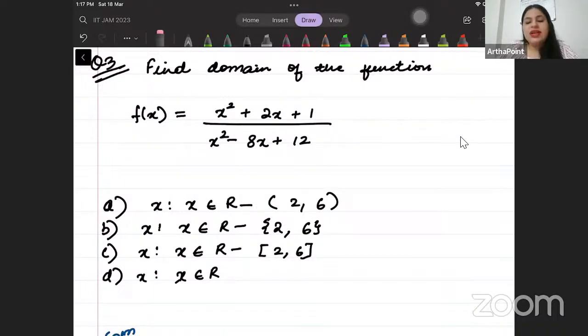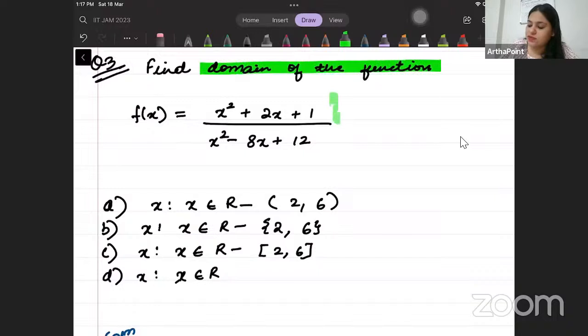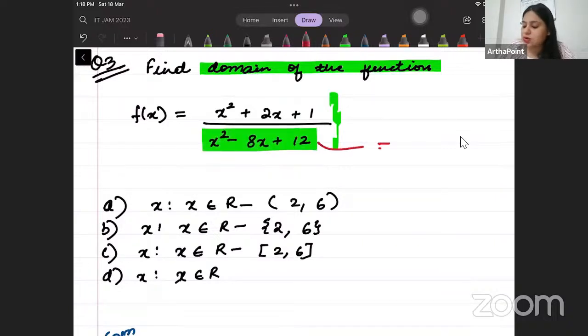Now, let us go to the next question. This says, find the domain of the function, and you are given this. Very simple. We know that if this is in a numerator-denominator format, the denominator cannot be equal to 0.